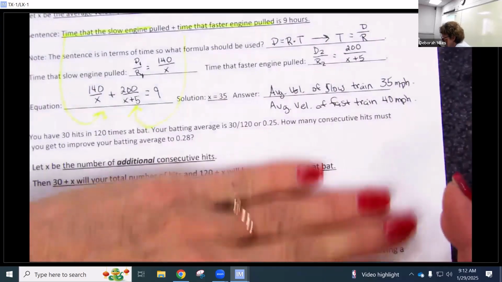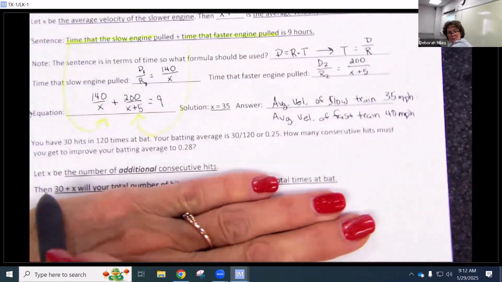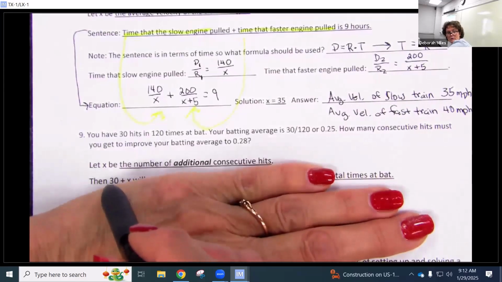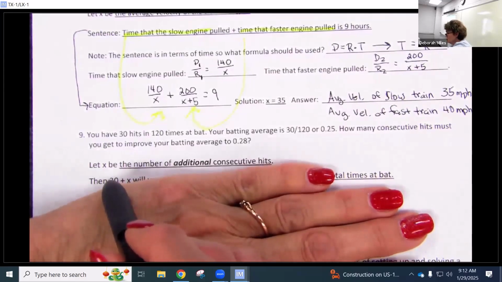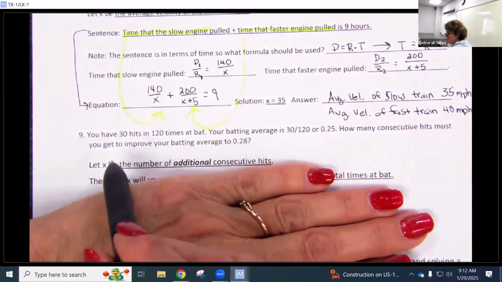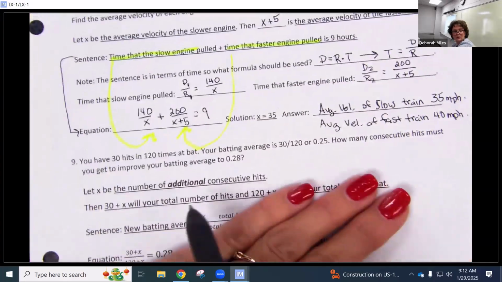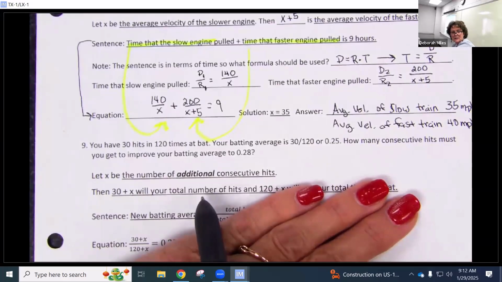Then if I cover this up and say, if you hit the ball X more times, how many times total will you have hit the ball? Originally, you had hit it how many times? 30, and then you hit it X more times? 30 plus X is the total number of hits.